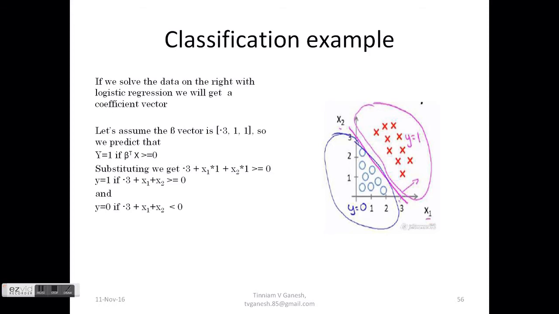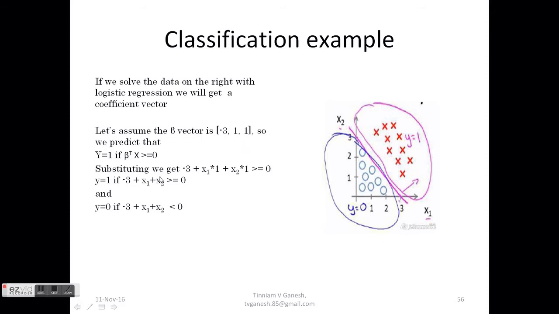If we assume that we use logistic regression and actually solve this, and we got this coefficient vector as minus 3, 1, 1, then essentially this means that beta 0 is minus 3, beta 1 is 1, and beta 2 is 1.